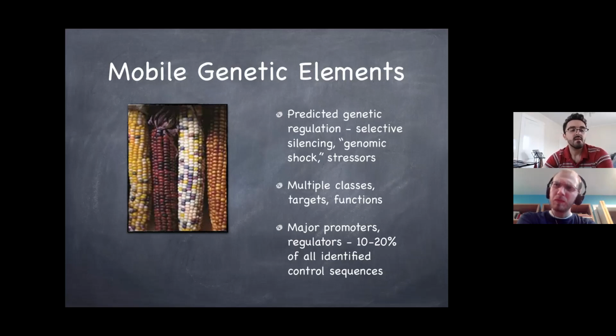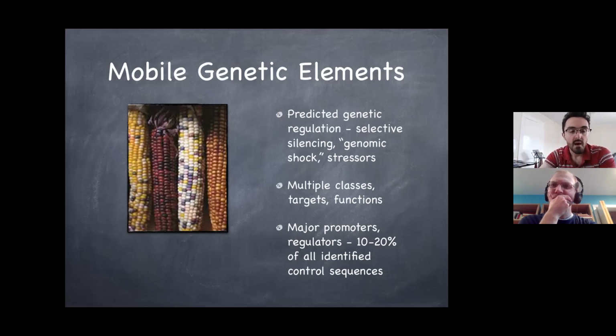Now, they come in many different types. There are ones that copy themselves and reinsert themselves somewhere else. There are some that cut themselves out and reinsert themselves somewhere else. There are some that cut themselves out and then recombine, a different process of insertion where certain areas are canceled out.